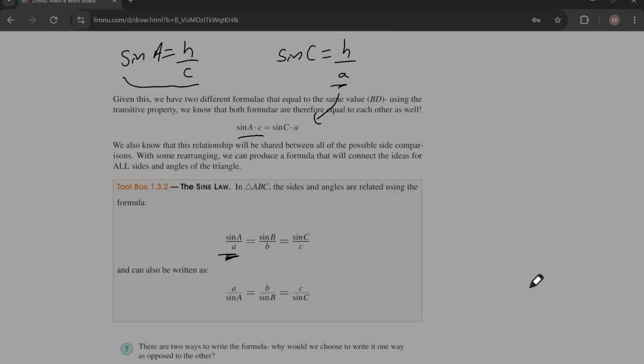And since it's a ratio, we can also do the reciprocal version of this. If I have a ratio and I do the reciprocal, then the reciprocals of those equivalent ratios will also be equivalent. So we have two ways that we can write this. We can have the angles on top, or we can have the sides on top. And just remember our letters match.